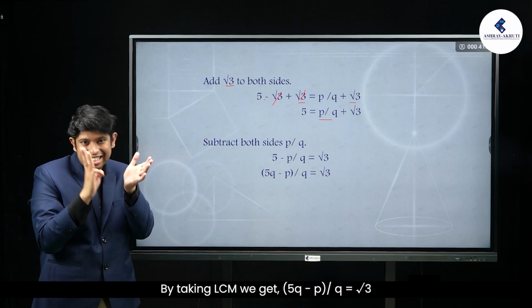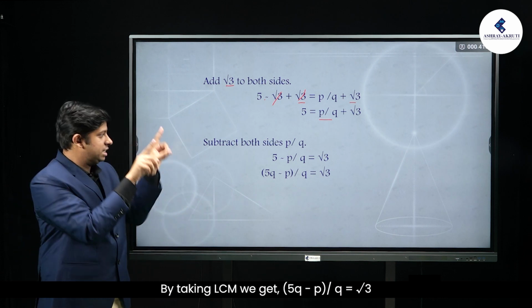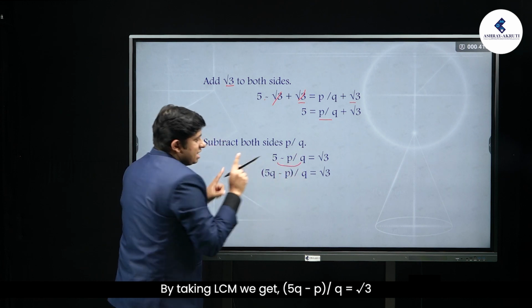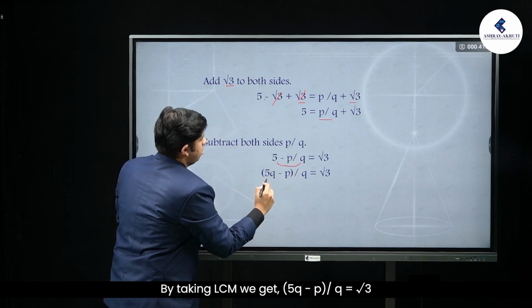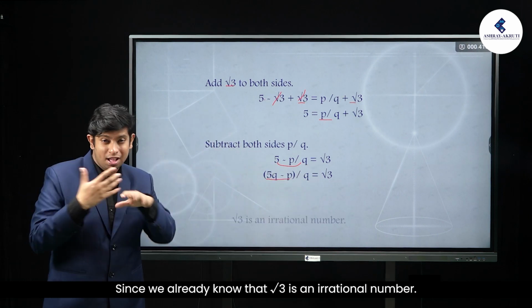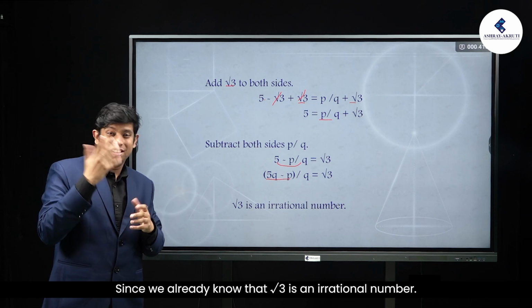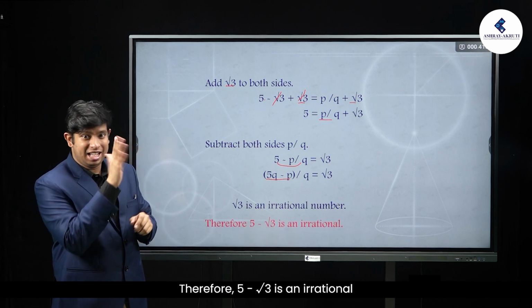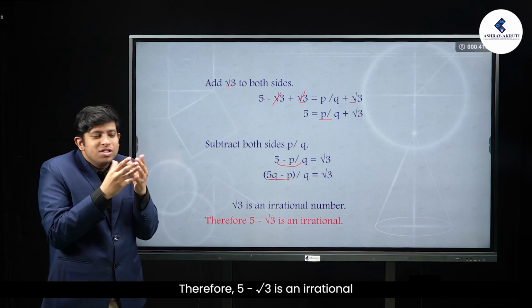By taking LCM, we get 5q minus p by q is equal to root 3. Since we already know that root 3 is an irrational number, therefore 5 minus root 3 is an irrational.